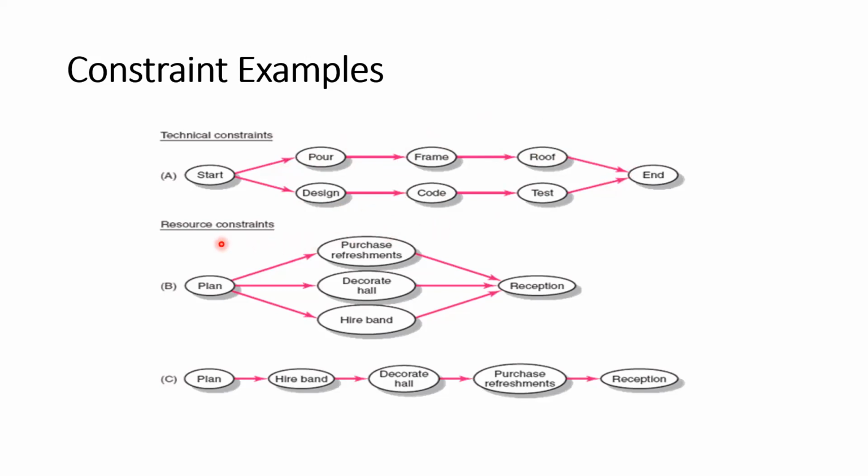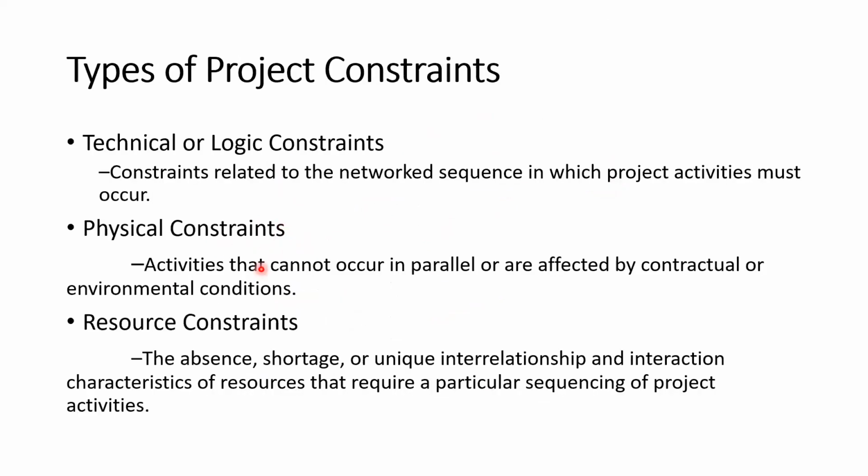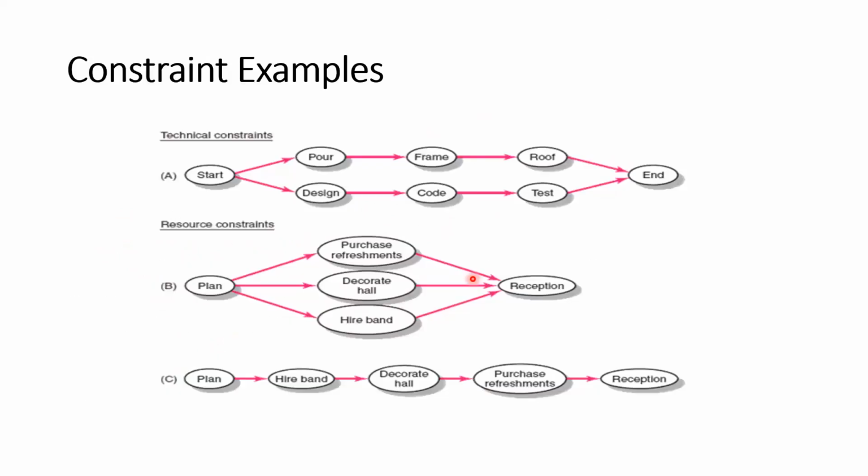The next one is resource constraint. For resource constraint, what are the things we mentioned? There can be physical absence, shortage, and unique things. So a resource can be physically constrained as well. Let's take an example: we are planning to have a wedding in one year.